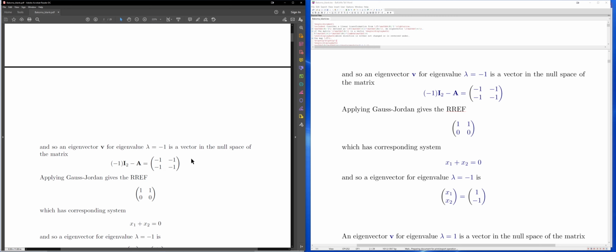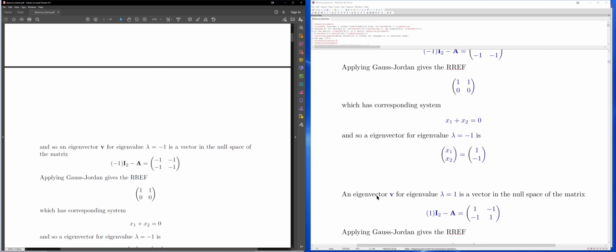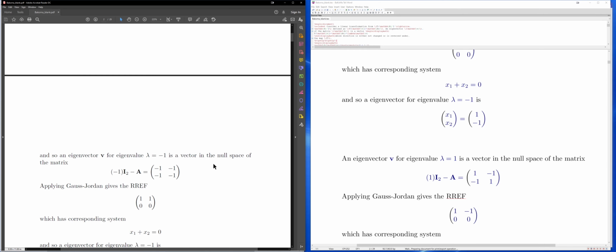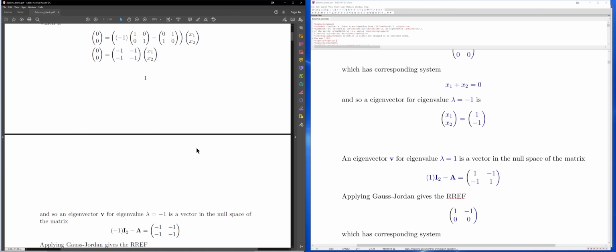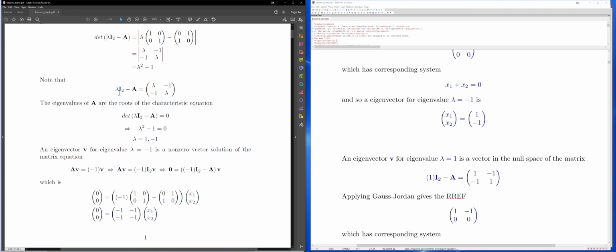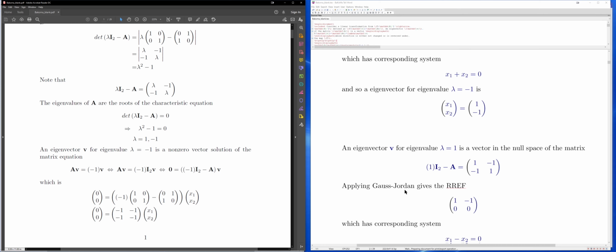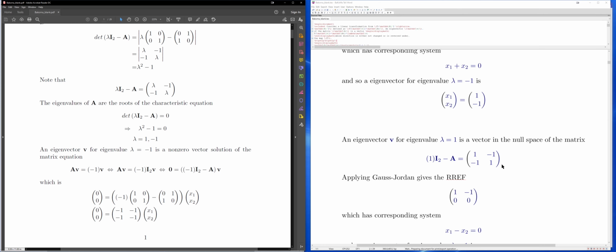Okay, so now let's use that same idea to get an eigenvector for the eigenvalue lambda equal to 1. Notice this is now a different eigenvalue. The method I would use is for this expression lambda I2 minus A. Now I'm going to put 1 into it, and I get 1, minus 1, minus 1, 1, which is this matrix over here. The eigenvector is going to be a non-zero vector in the null space of this matrix.